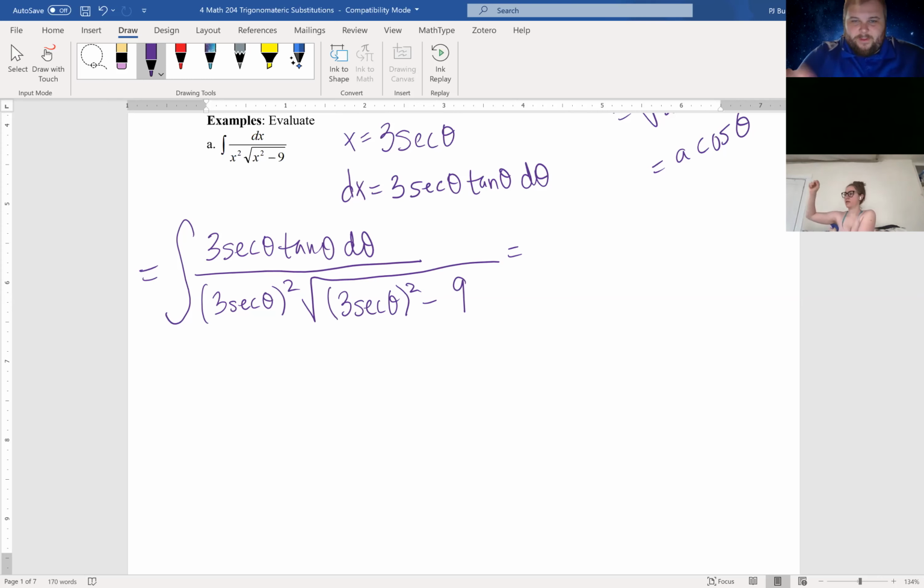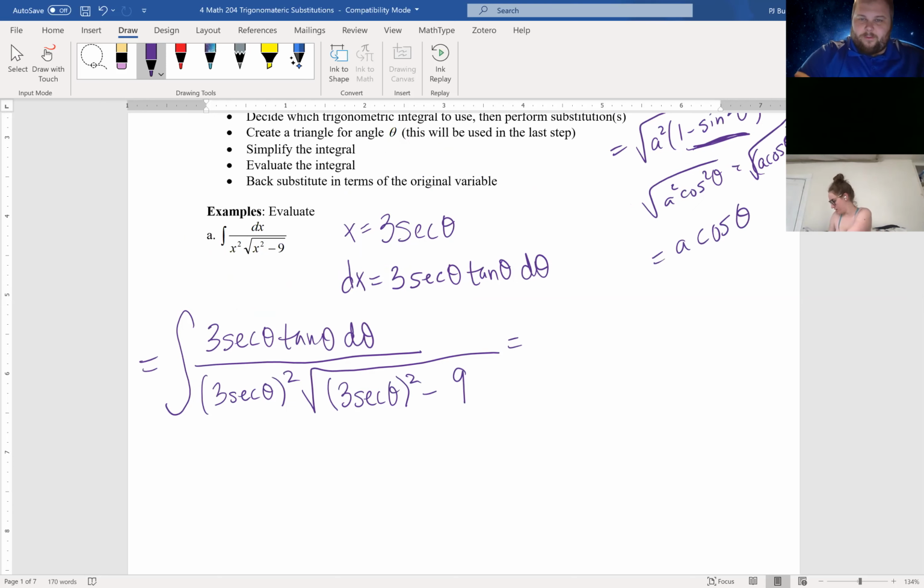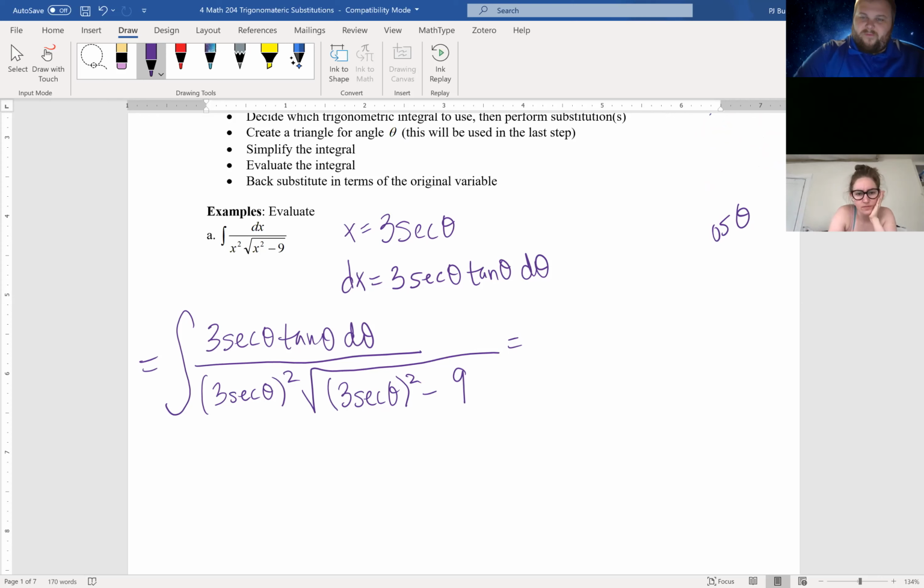And actually, one thing I want to do before I do that is calculate a triangle from what we have here. So let's do that quickly. And I say let's do it before because it's a good check to make sure that you've done the right thing, made the right substitution. So I started out by calling x equal to 3 secant theta.